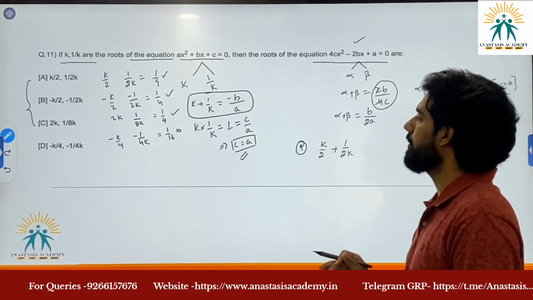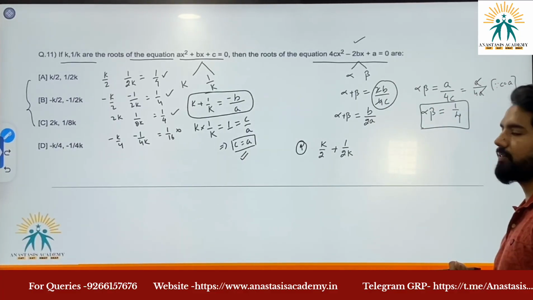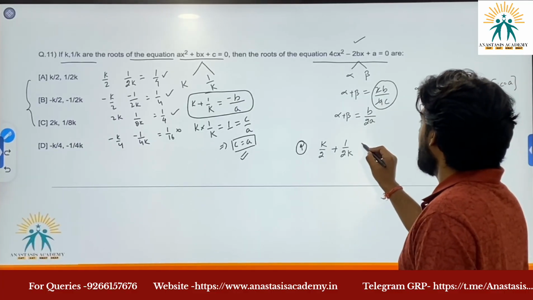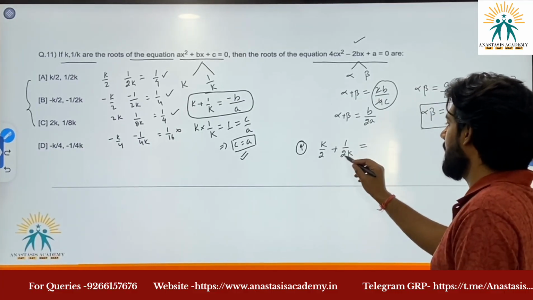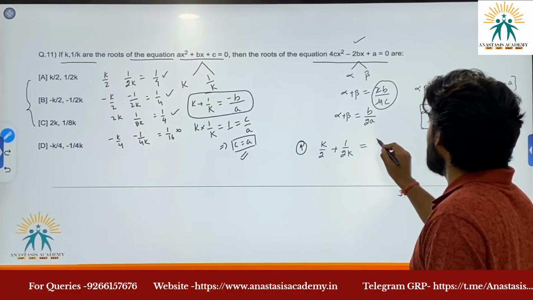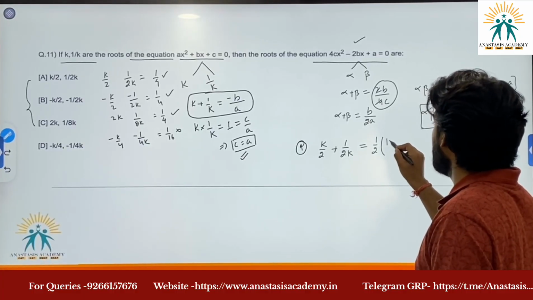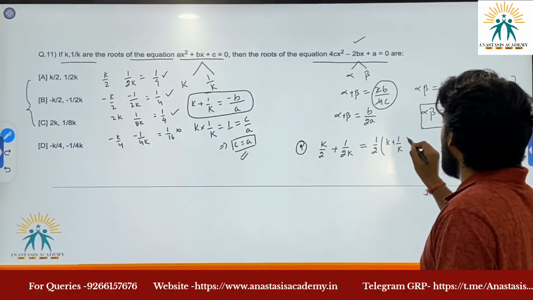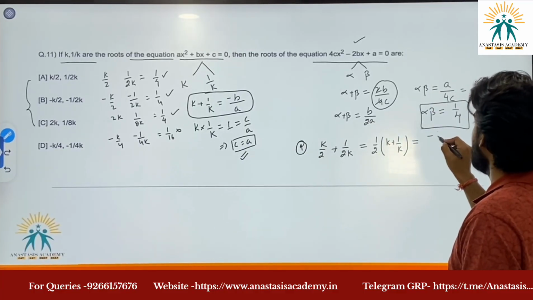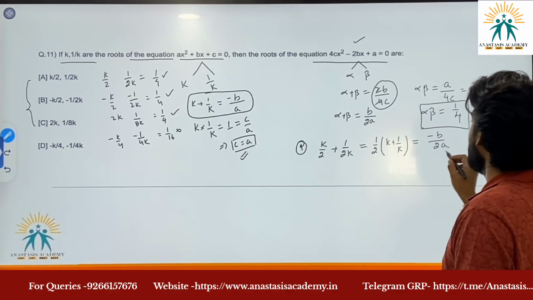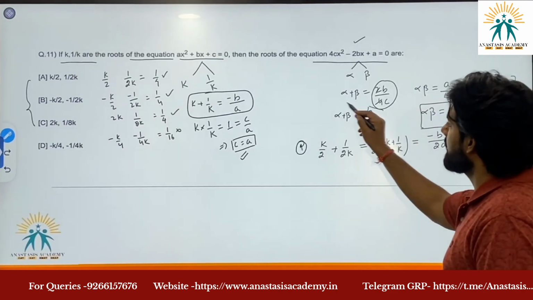So I am just adding to get the sum of roots. Sum of roots will become how much? If I take half as common, it will become k + 1 upon k, and k + 1 upon k I know is −b by a. So it will become −b upon 2a, which is not the sum of roots.